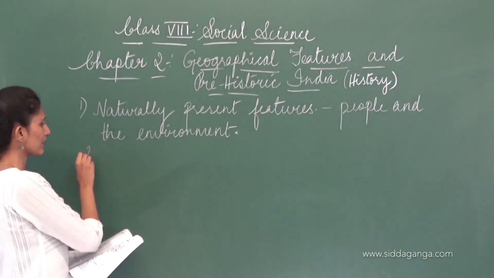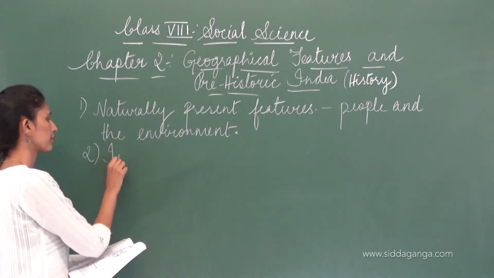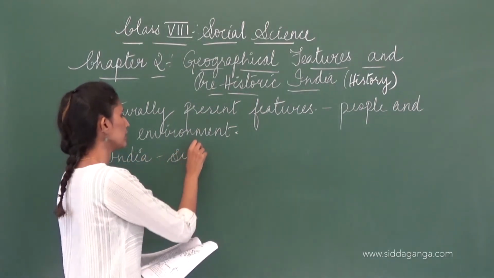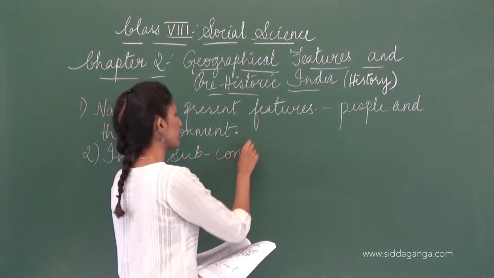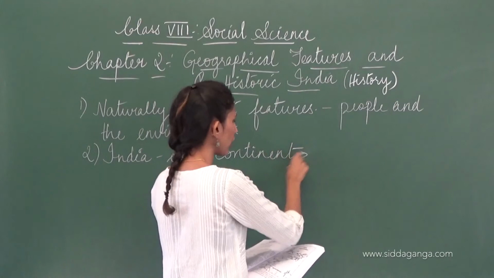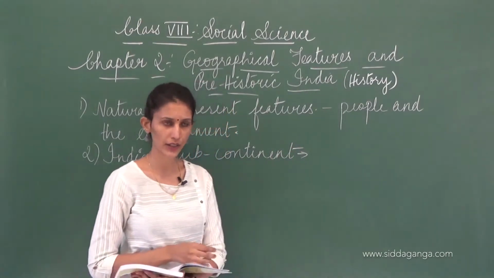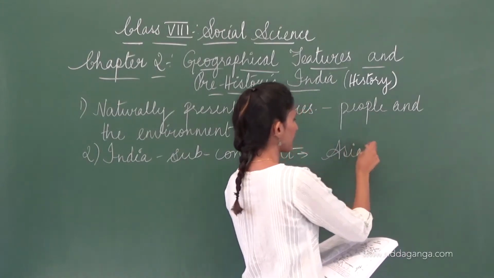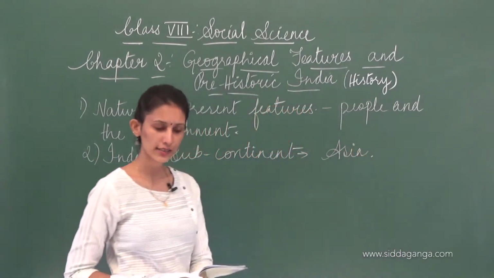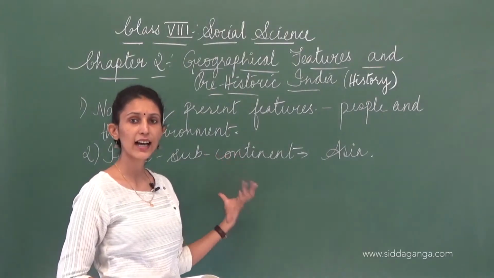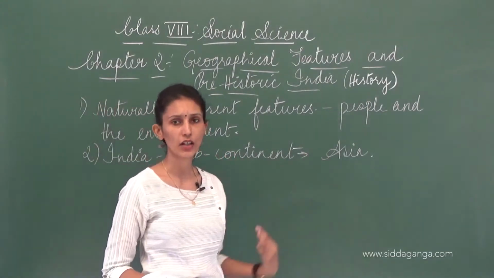Now India is a subcontinent. India is present in the continent of Asia. Why is it called a subcontinent? Because it takes a large part of the continent of Asia.